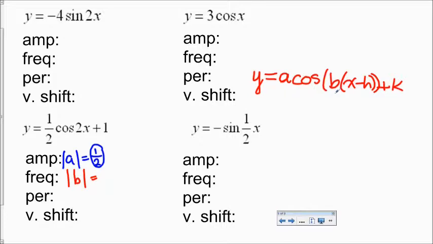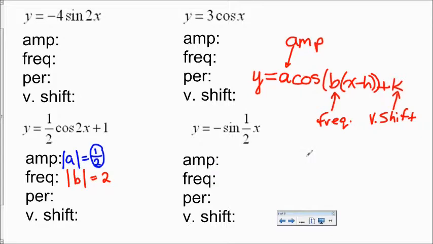So it's really just the b that we're looking at. If you remember, that's the frequency. The a that we're looking at will tell us the amplitude. And finally the k, which is the vertical shift. Confirm all this with your calculator. Okay, so the b value is 2.